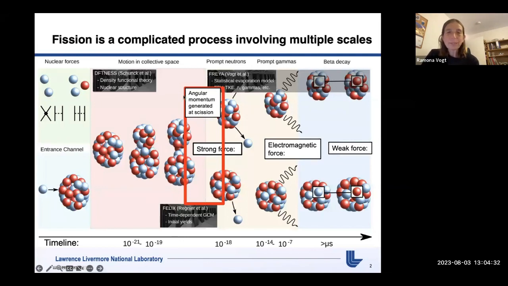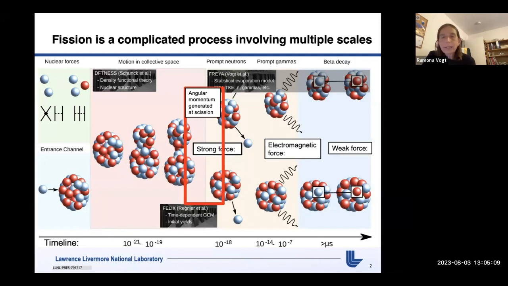But the angular momentum is generated about here when the 2 fragments separate, and then as they're hot and excited after they separate, they want to cool down, and the most efficient way of cooling down is to emit neutrons, because that carries away more energy than a photon does, simply because it also includes a separation energy. It costs some energy to release a neutron from a fission fragment.